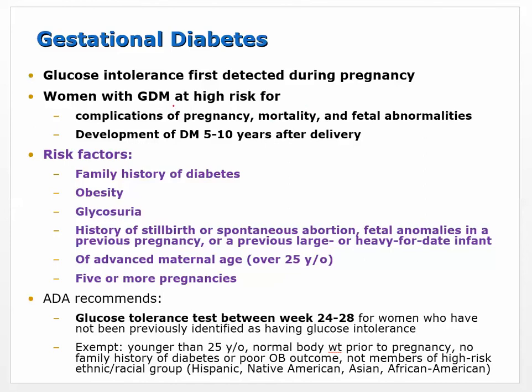Women with gestational diabetes are at high risk for complications of pregnancy, mortality, fetal abnormalities, and they're also likely to get diabetes mellitus after delivery. Within 5 to 10 years after delivery, they will go on to actually get type 2 diabetes.